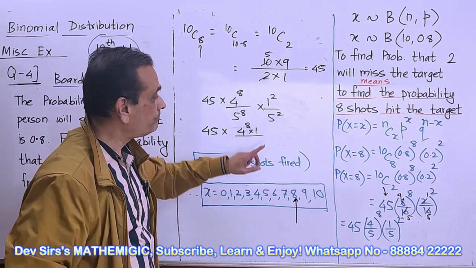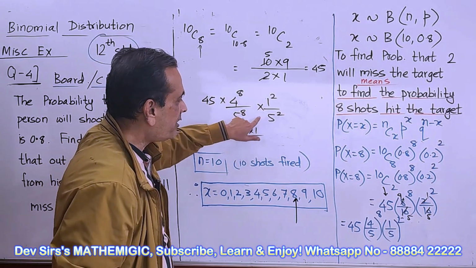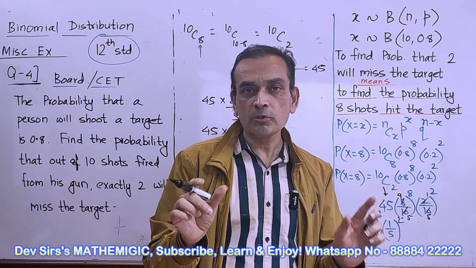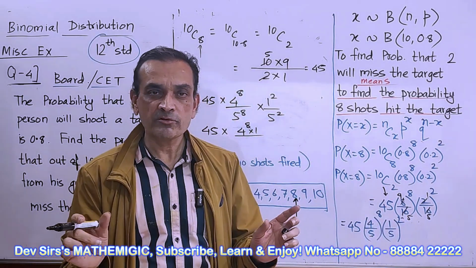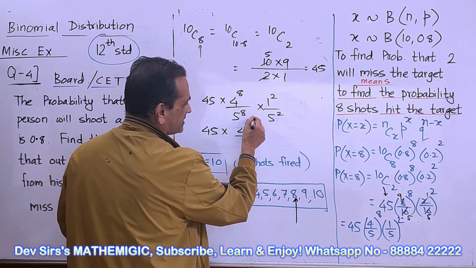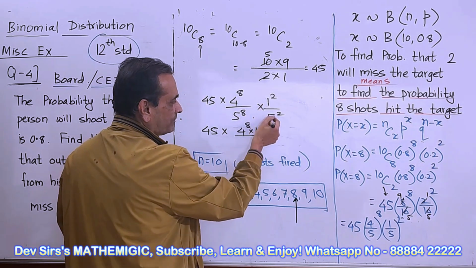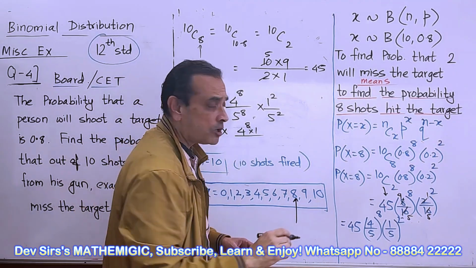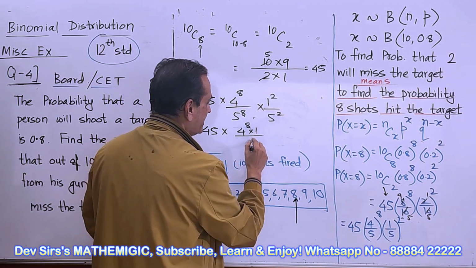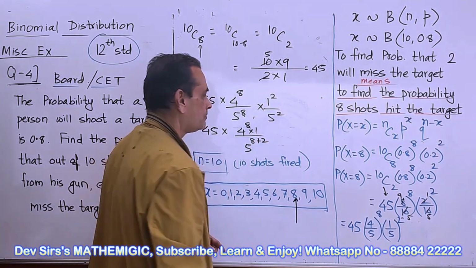And over here, remember, if you have a multiplication sign between two numbers which are in the index form, what do we do? There's a multiplication sign here, so we have to multiply. Write the common base only once, and the indices you write as 8 plus 2.